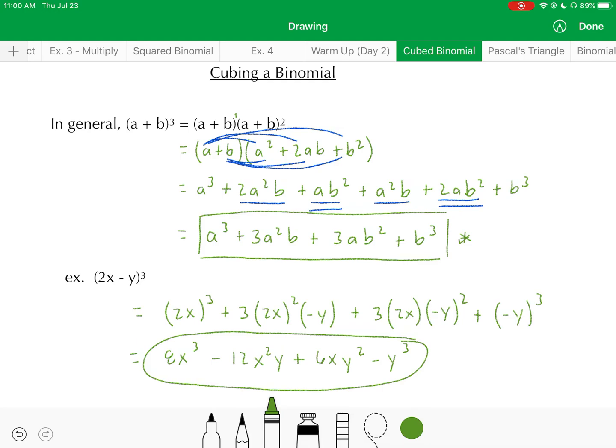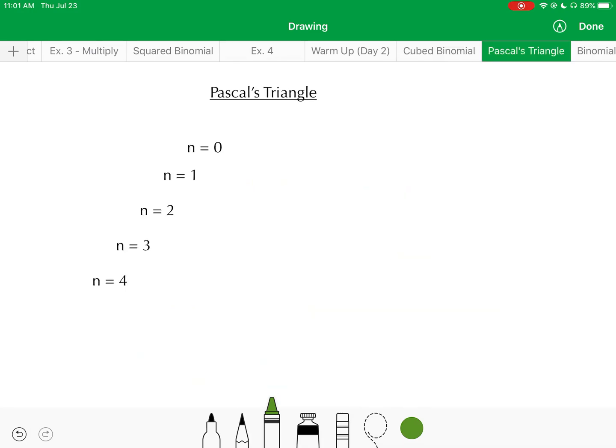Pascal's triangle is actually going to give us a pattern to memorize raising a binomial to any power, okay? So first, let me just introduce the triangle to you, and then we'll see how it can be used to raise a binomial to a power, okay?